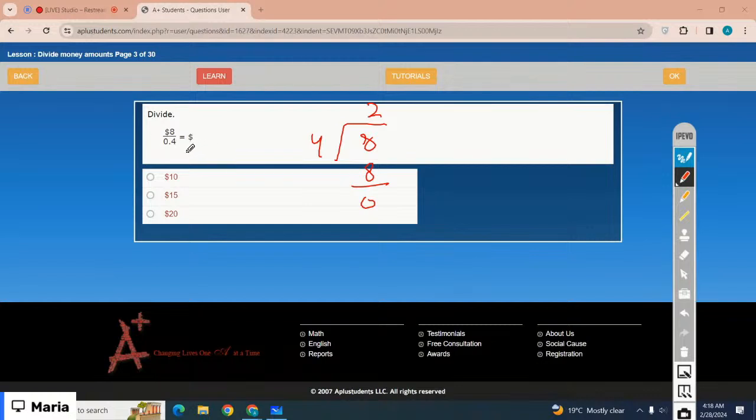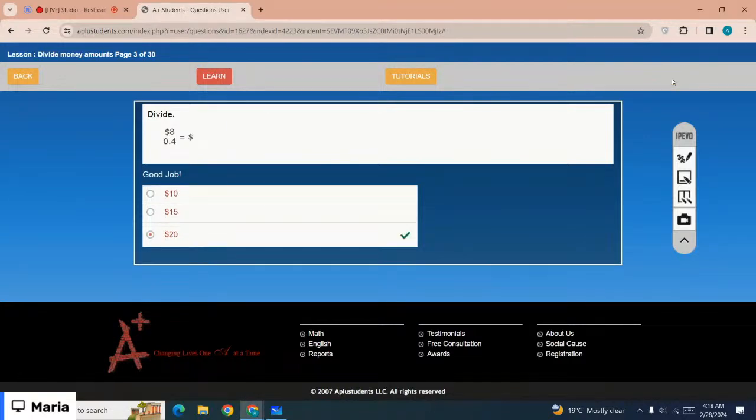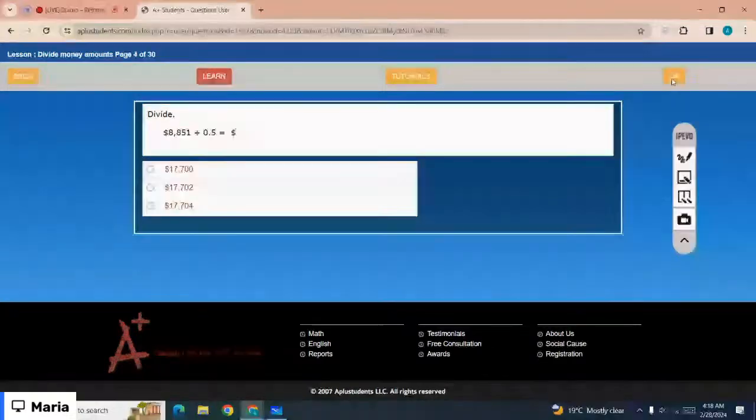You need to move the decimal point one place. That is 20. The correct option is 20. The next one is 8,851 divided by 0.5. So, which is the correct option?